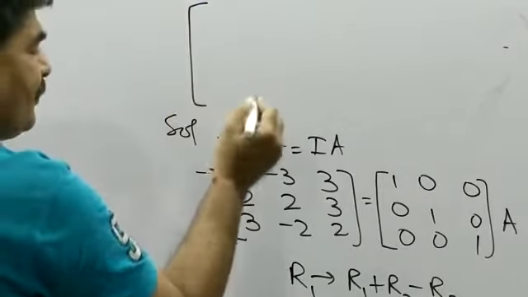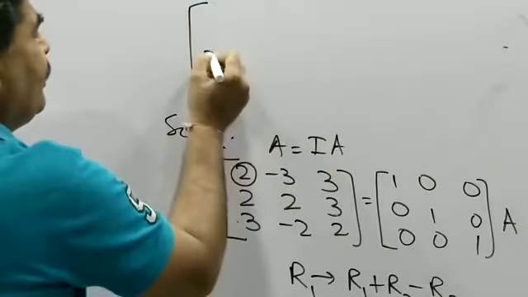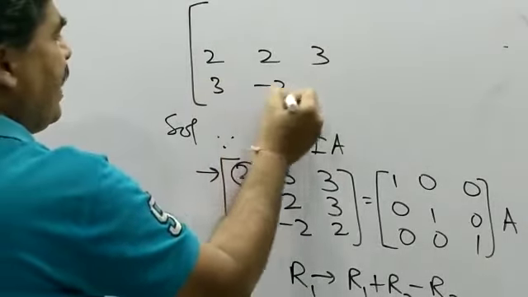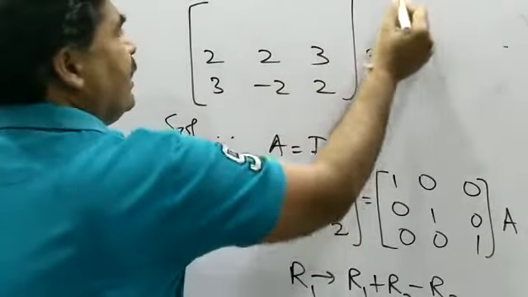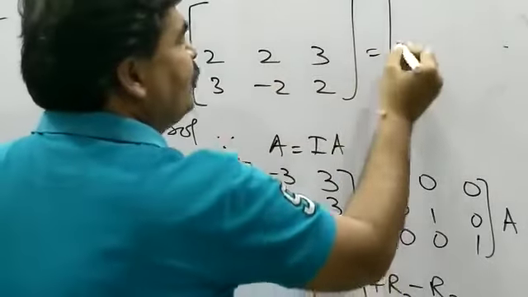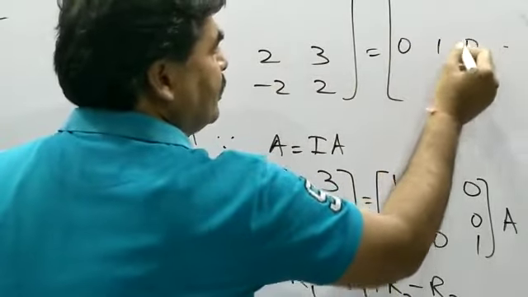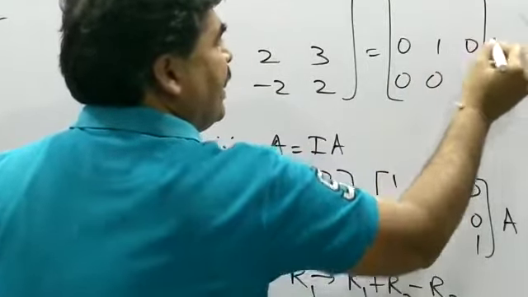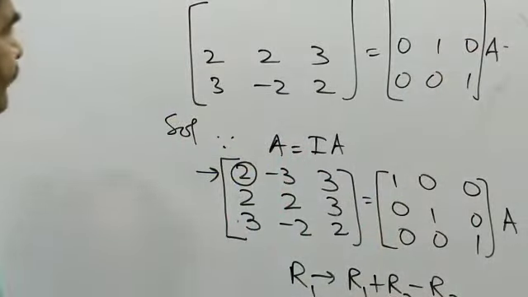So see here, R2 is 2, 2, 3, and R3 is 3, minus 2, 2. And here it is 0, 1, 0, 0, 0, 1 and A. Done.